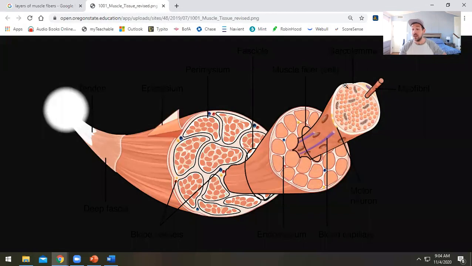That's why this muscle cell is going to get recruited, but maybe this one over here doesn't, because it's not that strong of a contraction. Because here's the thing, when a muscle cell fires, and we're going to talk about this in a little bit, we have a principle we call the all or nothing principle. When a muscle fiber fires, it has to fire for 100% of its maximum effort.